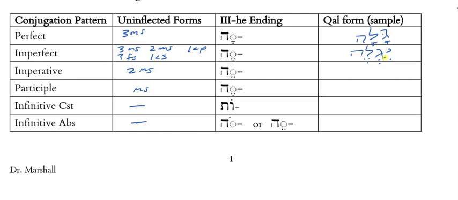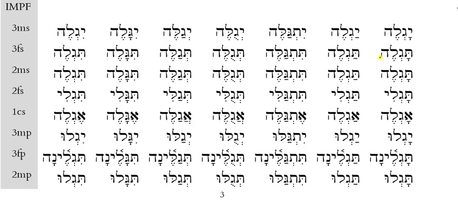Now, let's again take a peek at the paradigms and see just how consistent this type of pattern is. We noticed earlier that 4 of the 5 singular forms in the imperfect have no inflectional ending. The 2fs was the only one that had a hireq yod on the backside. Notice, by the way, that that consistently goes through all the stems.